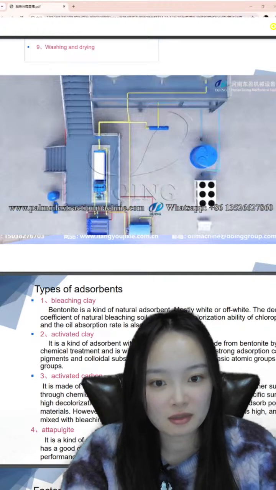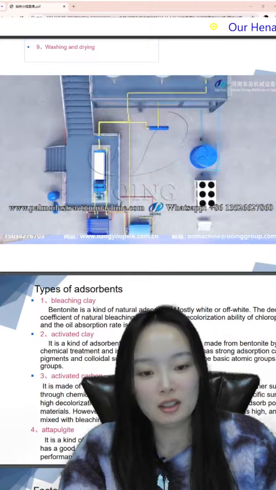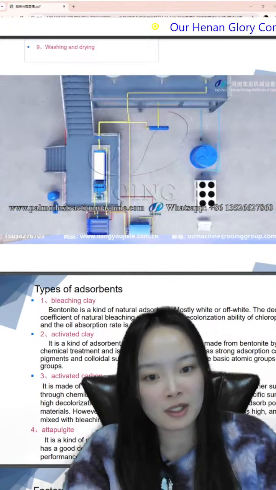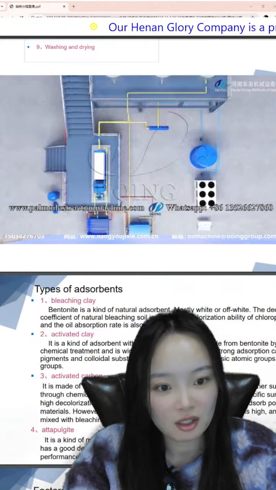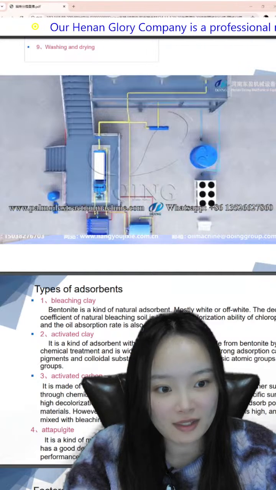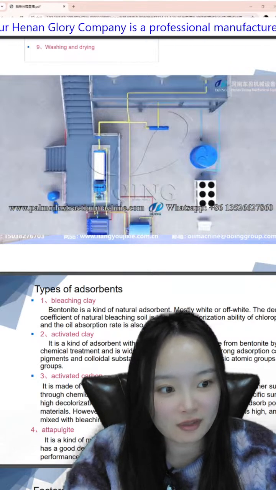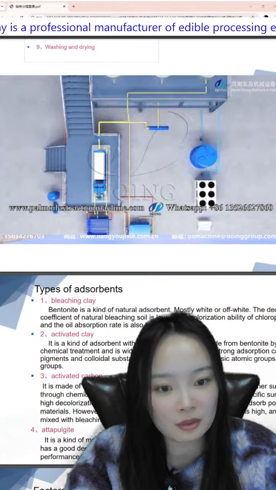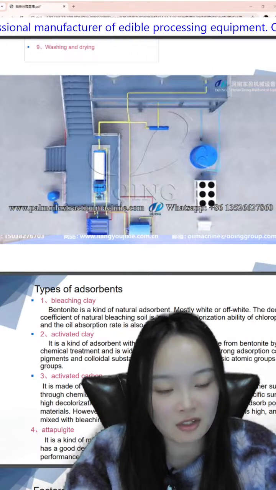And then is the activated carbon. The activated carbon is made of wood chips or rice husks, hard fruit husks, and other substances through chemical or physical activation.